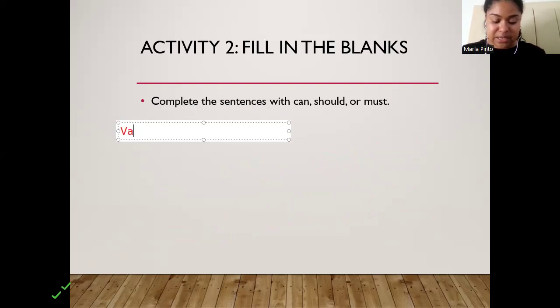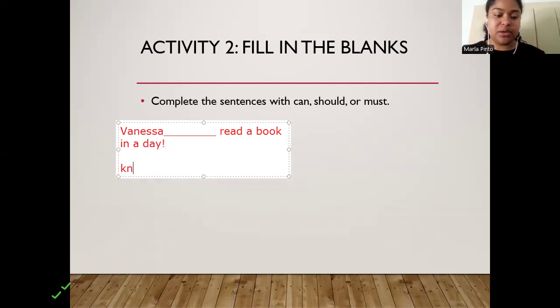Vanessa, put the space here, blank. I'm going to say Vanessa read a book in a day, for example. I'm going to put just 3 examples here, and we are going to fill them together.